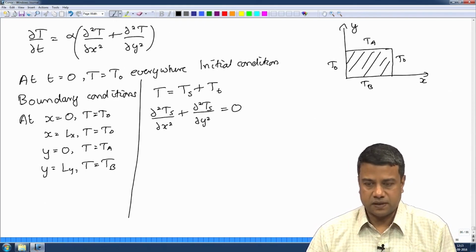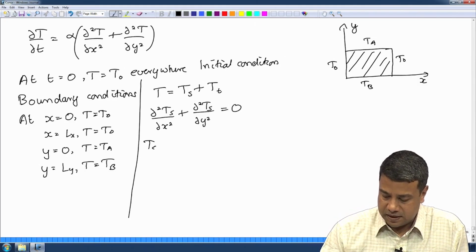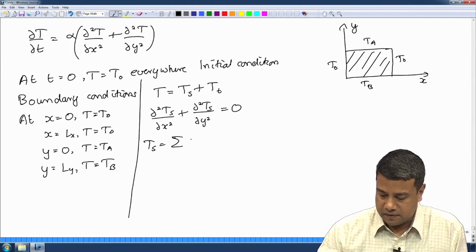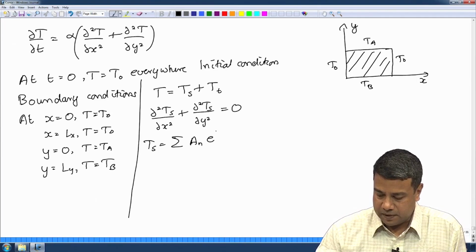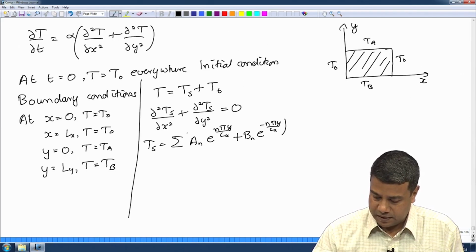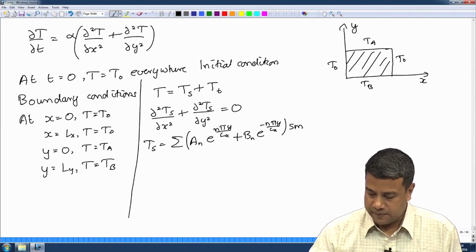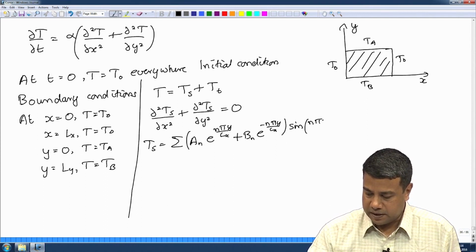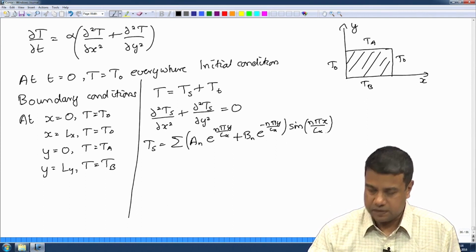We just solved this equation to get the steady part as summation of a n e power n pi y by Lx plus b n e power minus n pi y by Lx, into sine of n pi x by Lx.